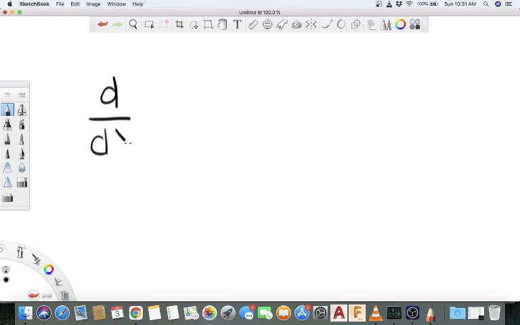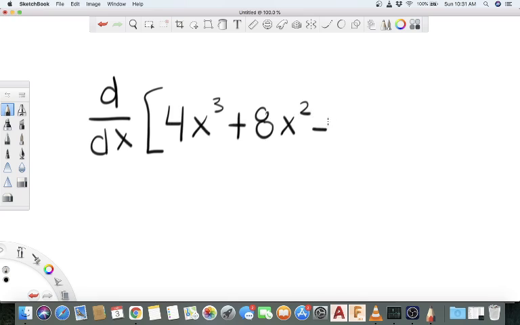What if we had 4x cubed plus 8x squared minus 2x cubed? So again, we take the derivative of each of these, and that would be our final answer. So we get 12x, and 3 minus 1 is 2.